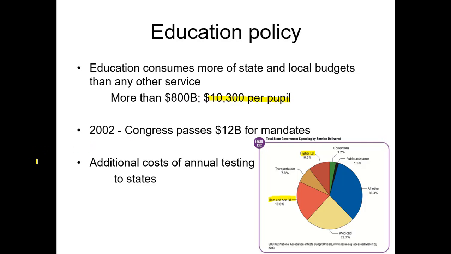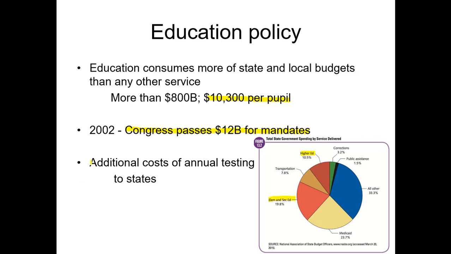And we started to see as we got into the 2000s that there was, particularly on the federal government side, more of a push towards getting federal standards in order to try to shore up our education system. As we'll see here in a minute, there's lots of concerns about Americans' education system. Congress passed $12 billion in mandates for the states to do as far as improving their education.